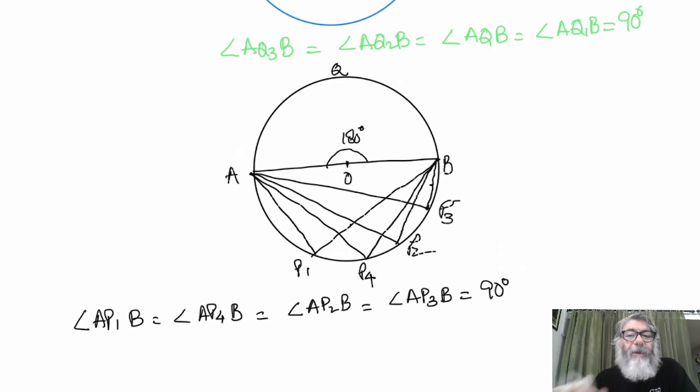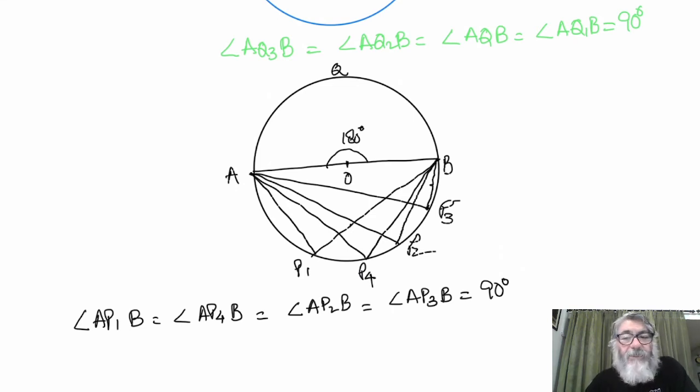So all those angles will be half the angle it is subtending at the center. At the center it subtends 180 degrees, so at the circumference it will subtend 90 degrees.